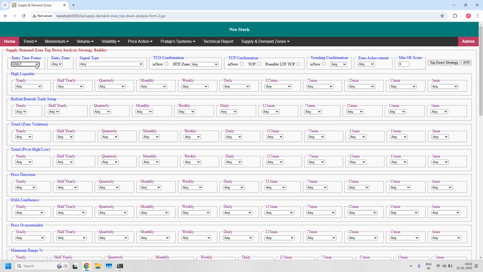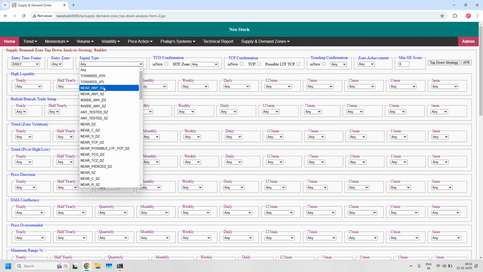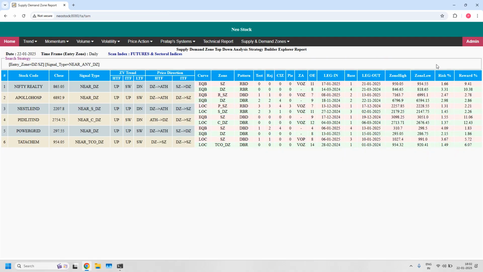Entry time frame daily. Let us find the stocks near daily demand zone. We got 6 stocks. Out of 6, how many high liquidity daily demand zones are available? Let us identify. Nestle is having a high liquidity zone.